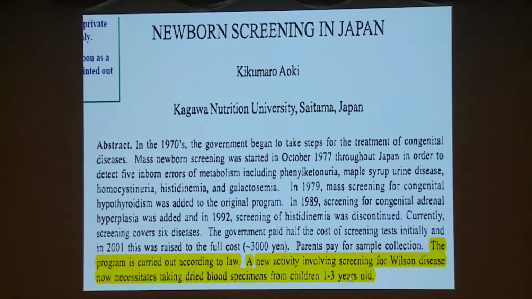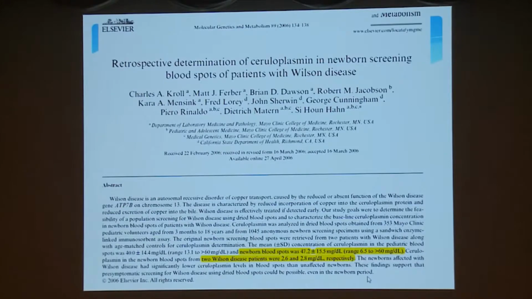So in this paper, it mentioned that they actively screen children from 1 to 3 years old because it is difficult to use ceruloplasmin in neonates at that time. So if you're using ceruloplasmin as the marker, an older age is better.